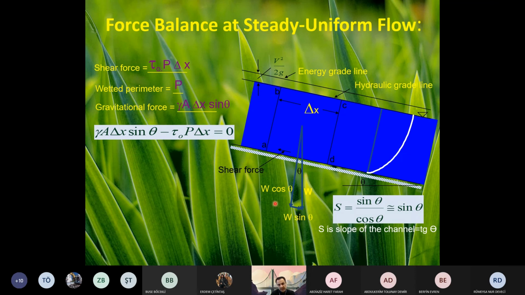So you know that weight, gravitational force is in this direction, but friction force, as shown here, is against motion. This is why we use negative sign for shear force or drag force. Therefore, in total, force balance in natural channels is written like this: gamma, water density, area, cross-sectional area, delta X, the length of this element.